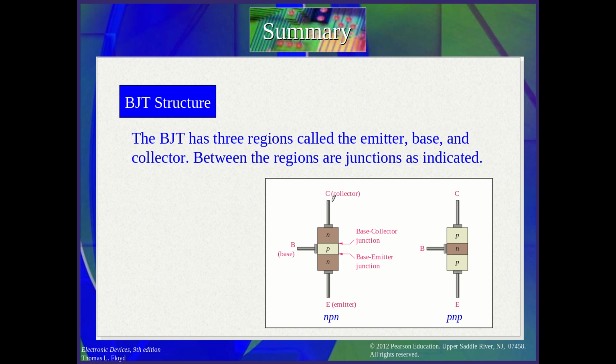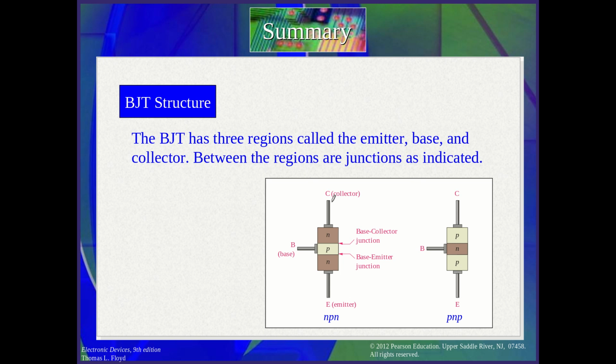Now, where is the IB? Where is the IB current? So here, as you see, the curve is working with the collector and the emitter. But when you set up different values for the base current, you see a different family of the collector curve or the characteristic curve.